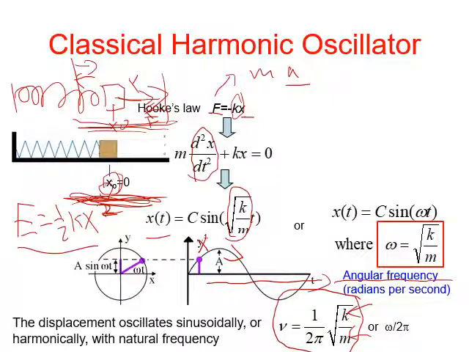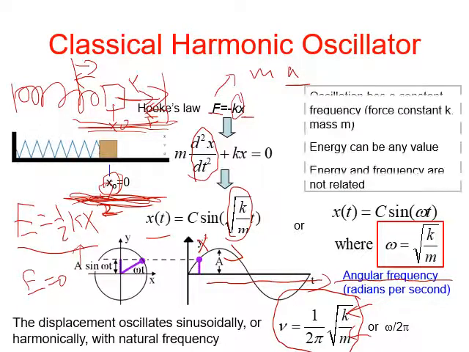So you see, if x is 0, if you don't pull it, the energy can be 0. And the larger the x, the larger the energy. Therefore, in the classical harmonic oscillator, the oscillation has a constant frequency determined by the force constant and the mass. The energy can be any value, and energy and frequency are not related.